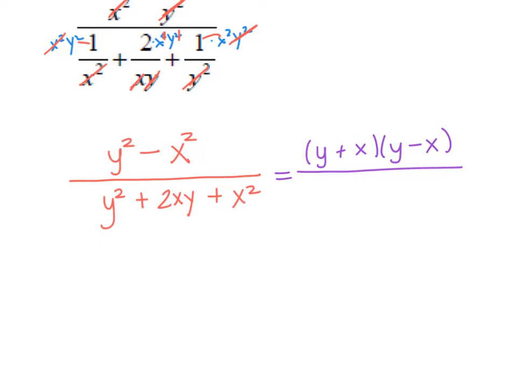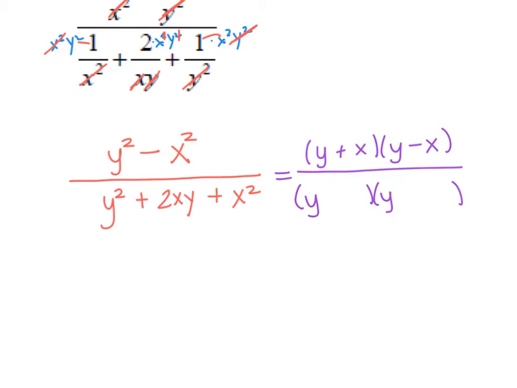Now this one in the denominator, it's a trinomial, but you can see there's a y squared and an x squared. So what we're going to have is we need a y here and a y here, because that's going to multiply to give us the y squared.